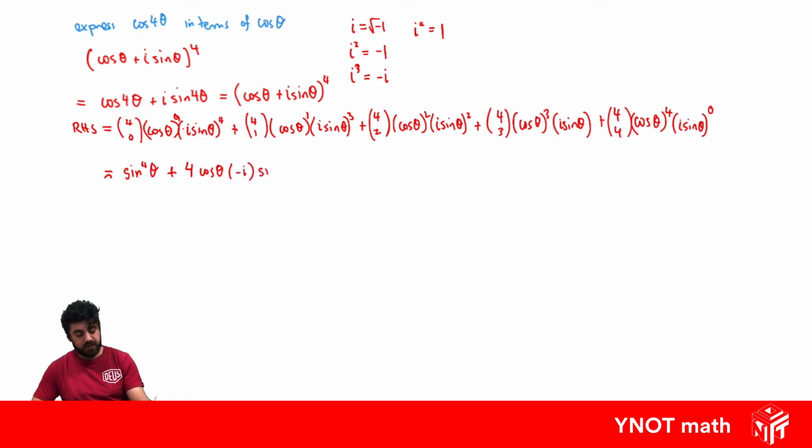And then we have sine cubed theta. 4 choose 2 is 6. Then we have our cos squared theta. i squared is minus 1, so we get a minus 1. And then we have sine squared theta. 4 choose 3 is 4, cos cubed theta times i sine theta. 4 choose 4 is 1. Cos to the 4 theta, and i sine theta to the 0 is 1.